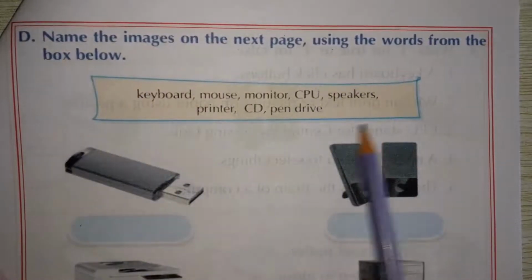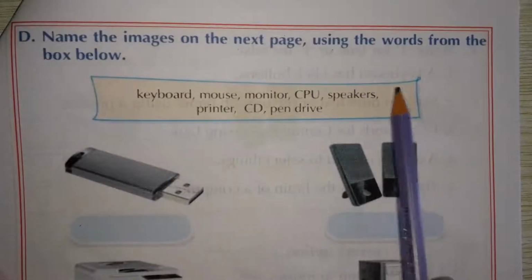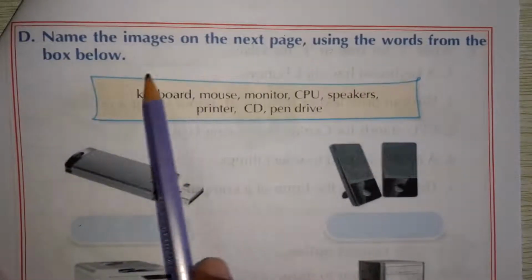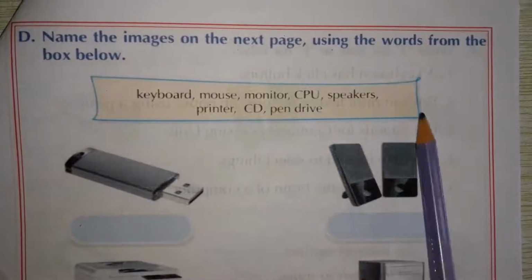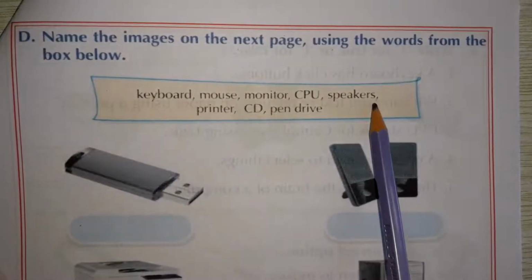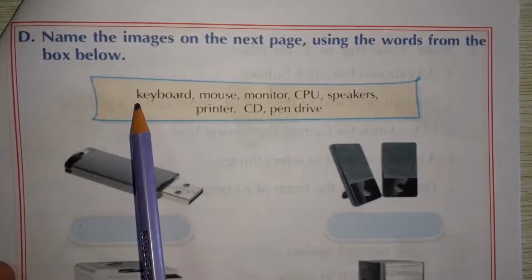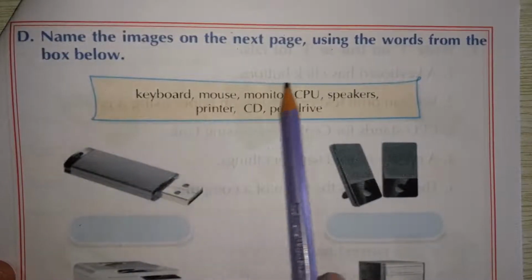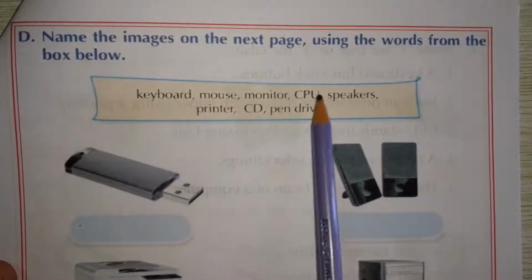Have you seen this box? Very good. Now what is inside this box? In this box there are some names. These are the names of the computer parts.